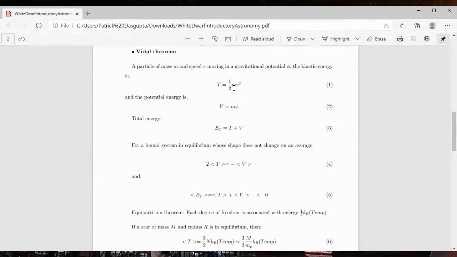Suppose I have masses m1, m2 up to mn, moving with speeds v1, v2 up to vn, then average kinetic energy will be half m1 v1 square plus half m2 v2 square up to half mn vn square. Add them all up and divide by n. Then that will be the average kinetic energy. Similarly, average potential energy you can also calculate.